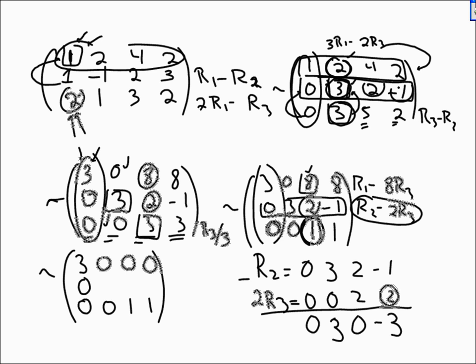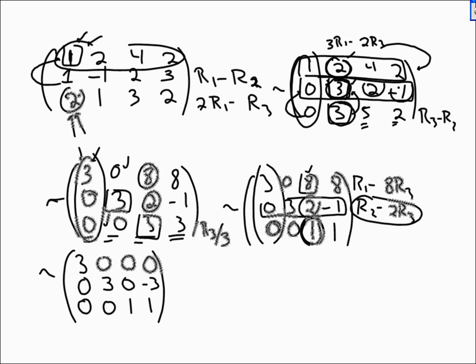Okay, 0, 3, 0, negative 3. Other than having ones for the leading entries, this matrix satisfies all the other conditions for our REF form.